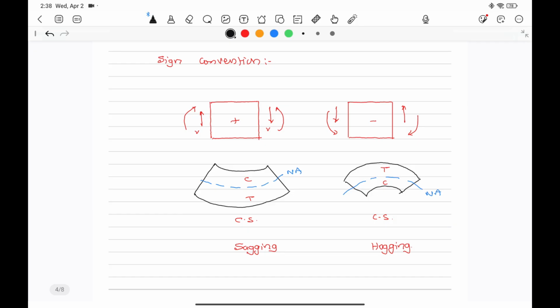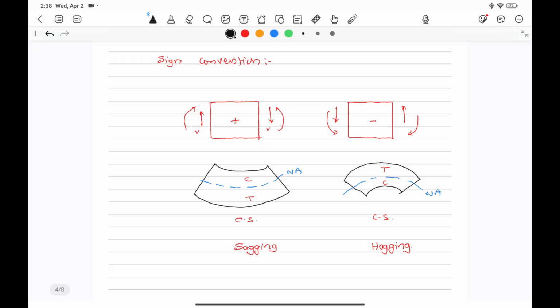Now, we will go for the sign convention first. Then from simple cases we will try to develop the bending theory. Then we will go for shear force calculations. Then we will go for twisting of the beam, torsion, and we will combine all of them and see what happens.